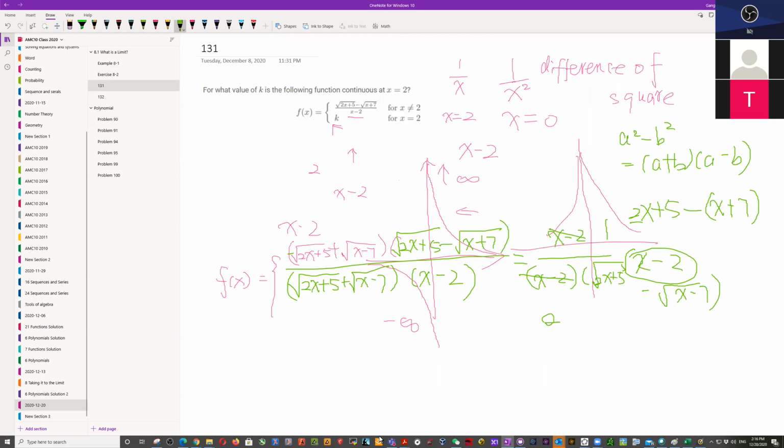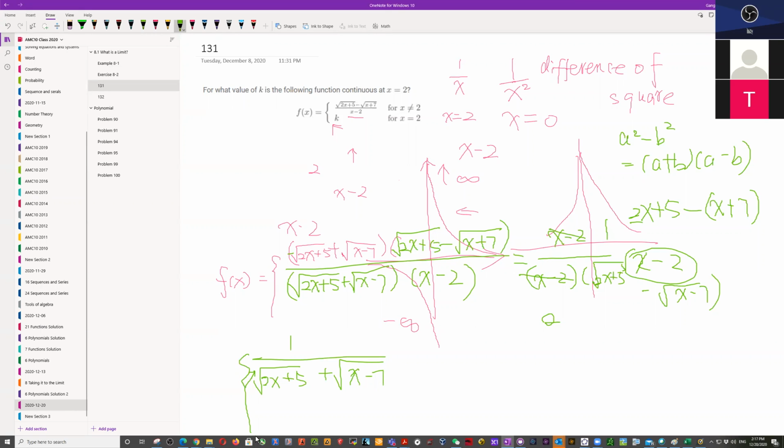If I rationalize the numerator, the whole expression is 1 over the square root of 2x plus 5 plus the square root of x plus 7. So on this branch, the majority branch, it will look like this.